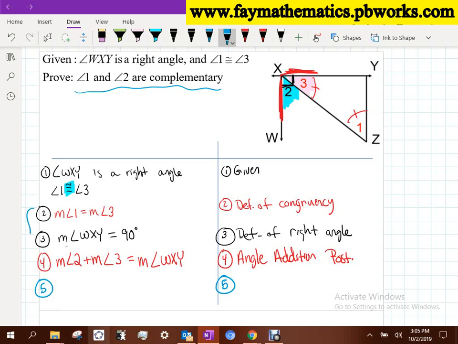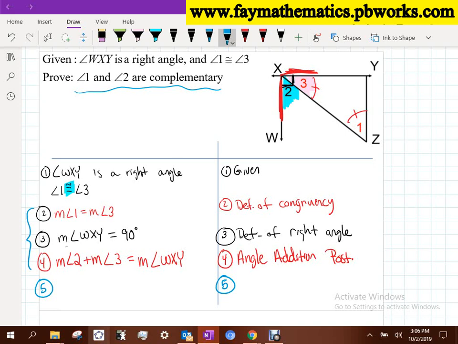Look at these three statements. Do you have some things that you can replace? Everywhere I see an angle 1, what can I replace it with? I can replace it with 3, right? Or everywhere I see 3, I can replace it with 1. Everywhere I see measure of angle WXY, what can I replace it with? 90, right?